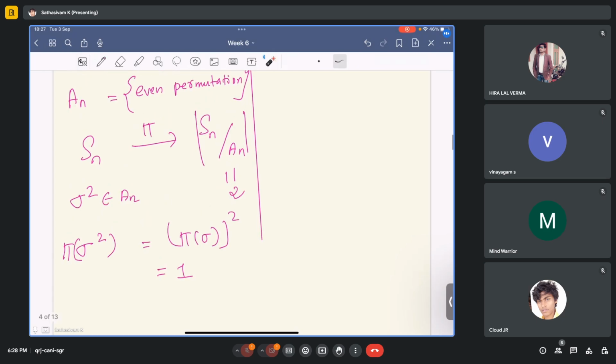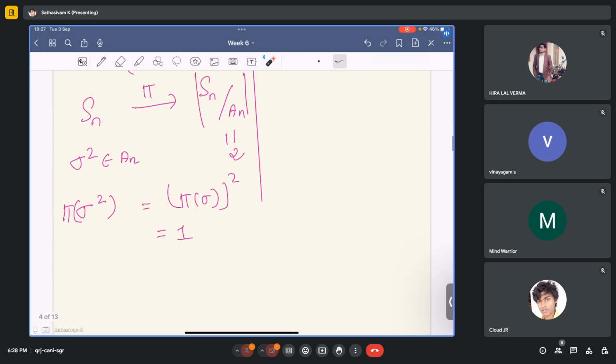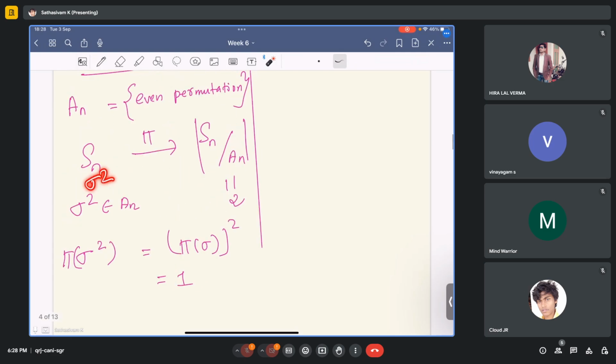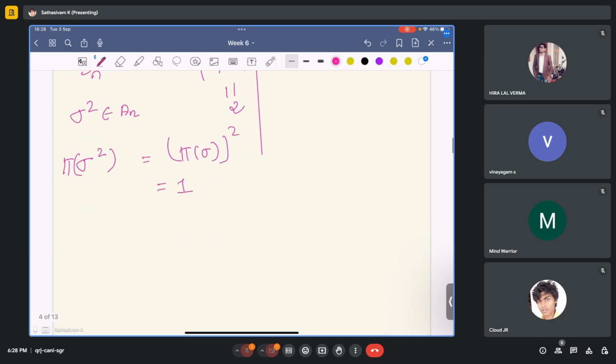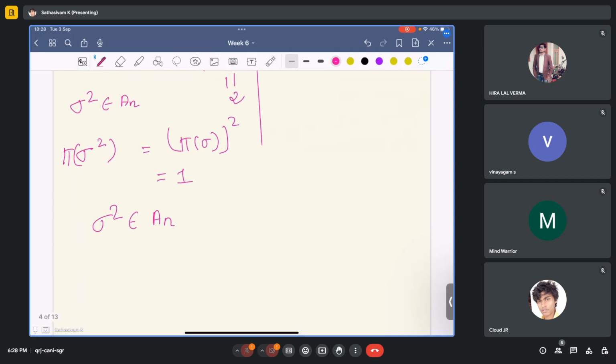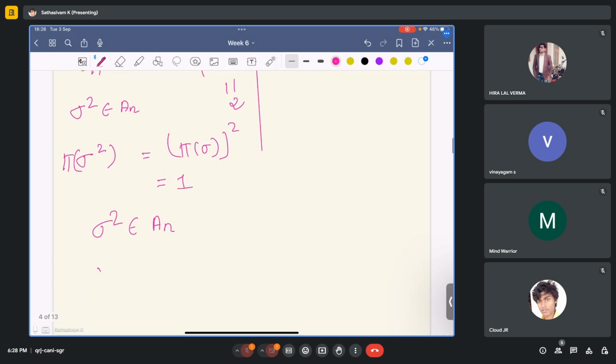So in this group, you take pi of sigma square and apply the pi, and in this group it became 1. So what does it mean? It means that sigma square belongs to An. That's all. So that means sigma square is an even permutation.